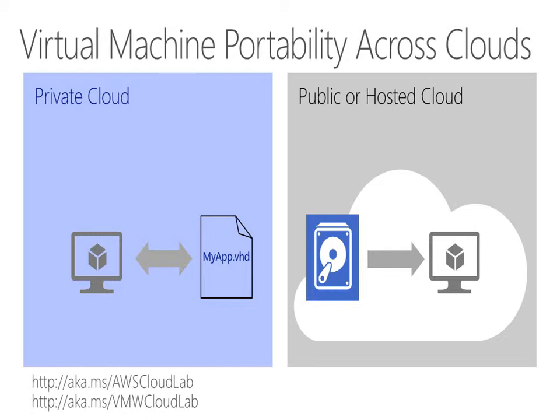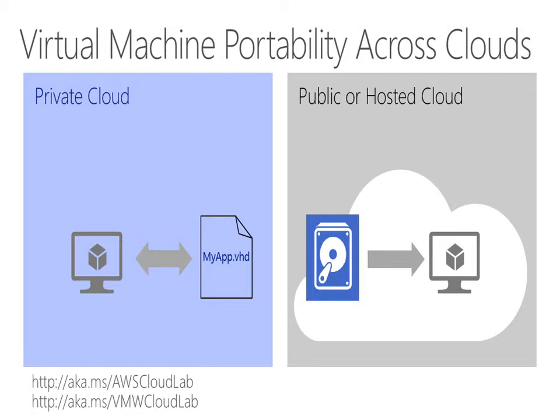Now, if you're using a different virtualization platform, either in your private cloud or in your public cloud, you may find the links listed at the bottom of this slide to be handy. I've got two step-by-step guided labs that you may be interested in.